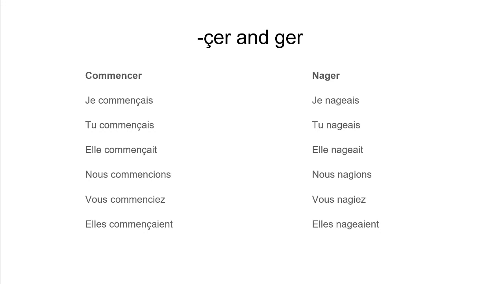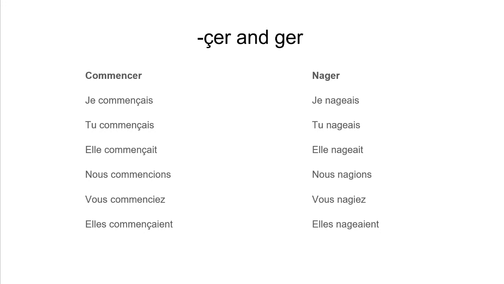But basically, when you have a C in front of an E or an I, it's going to make the S sound. When a C is in front of an O or an A, it's going to make the K sound. So that would be like ku or ka.